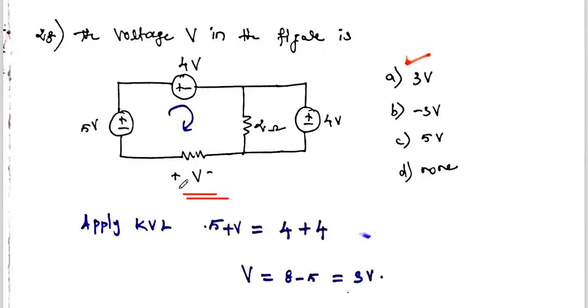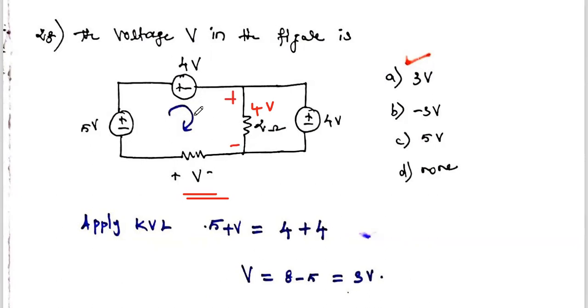In order to find this V, we have to write the KVL equation, Kirchhoff's voltage law, for this loop. You see this 2 ohm resistor is connected in parallel with this voltage source. So what is the voltage across this 2 ohm resistor? It is 4 volt. So the 4 volt is dropped across this 2 ohm resistor. This is the plus, this is the minus.